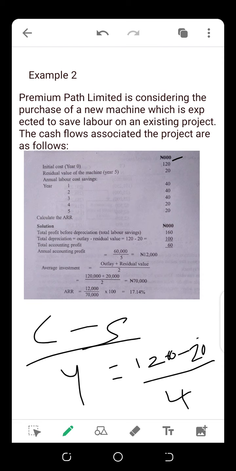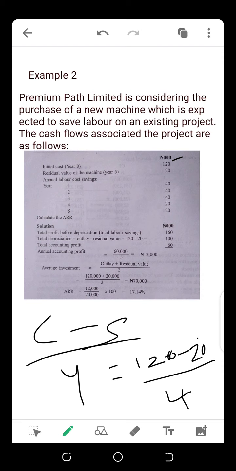And don't forget here, we always deal with total accounting profit, not accounting profit for each year. Why we cannot calculate for each year is that the total return, we sum everything together to be 160.